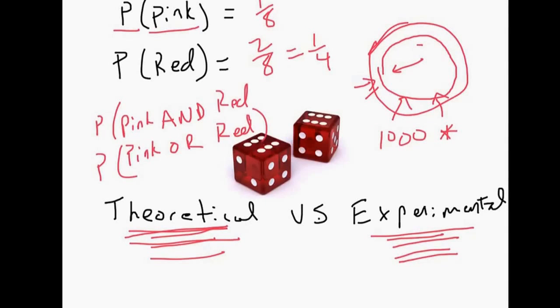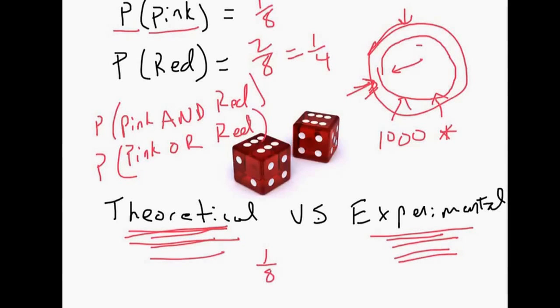If we say, what is the probability of getting pink and then red, this would be a two-spin operation. As you might suspect, the chances are pretty low of getting pink and then red. Not so easy to do. In fact, it will be 1/8 for pink times 1/4 for red.